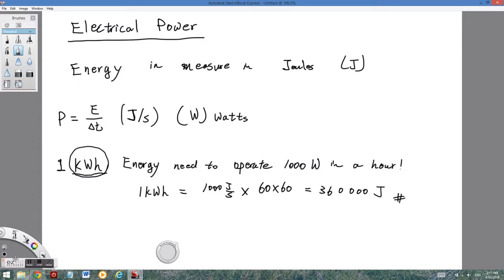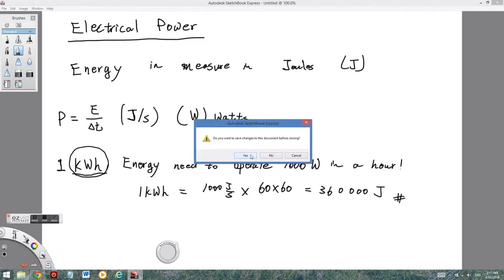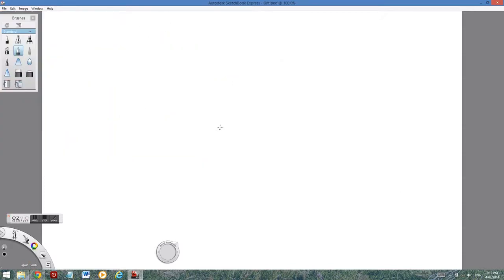But what we need to know today from Ohm's law is all the equations. For now, just copy them down. The power is VI, voltage times the current, and we learned that before.